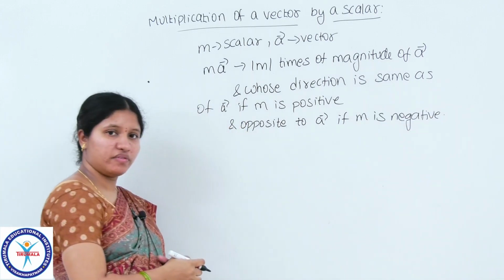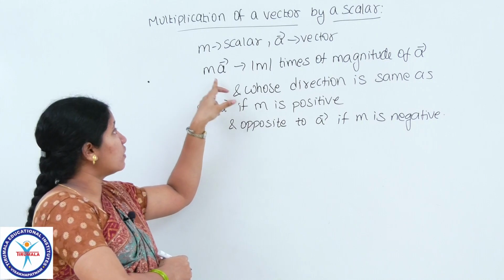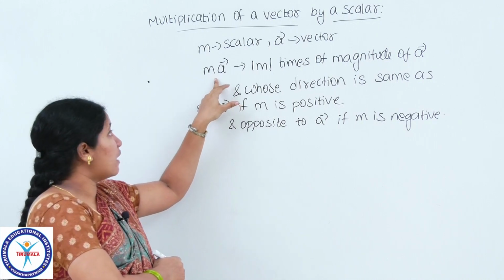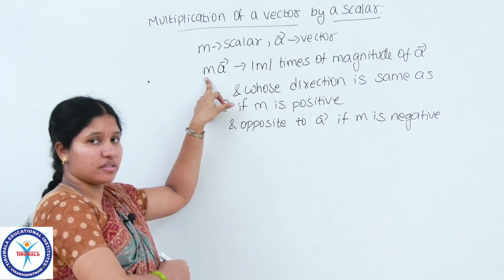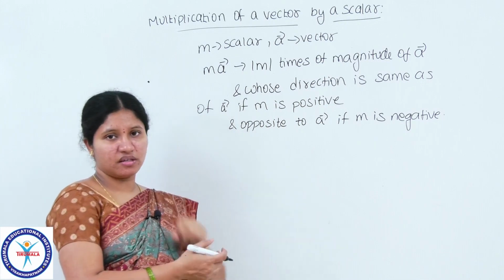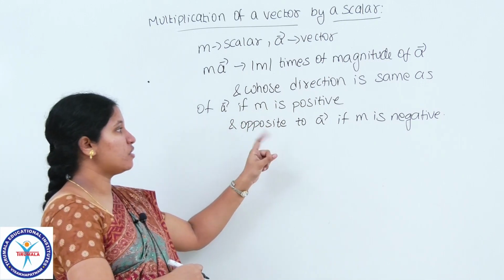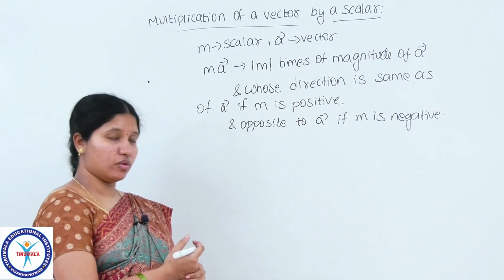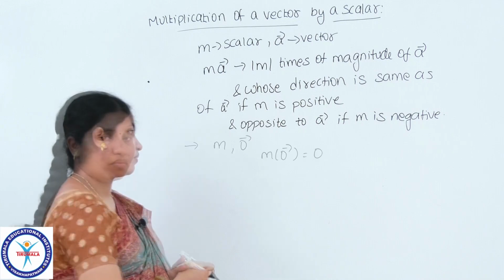So multiplication of a vector by a scalar means m into a bar. This tells us that the magnitude of the vector is m times, so the direction will be the same as that of a bar if m is positive and opposite if m is negative. So this is multiplication of a vector by a scalar.